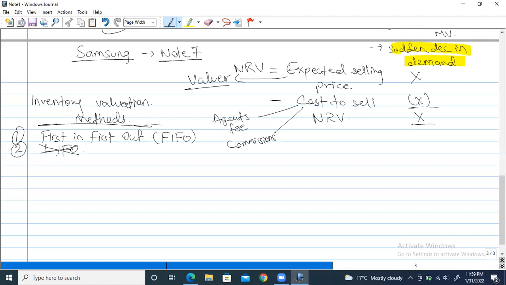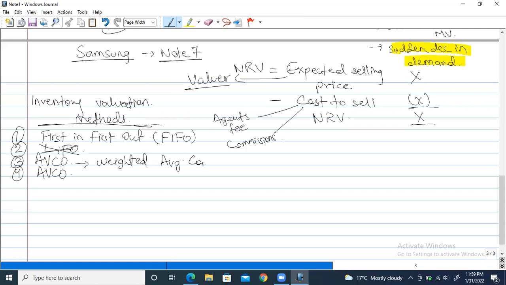In financial accounting. But yes, you might have studied this in F2 as well. In F2, in managerial accounting, this is available. Now the third and fourth methods relate to the same thing. It is called the average cost method. I'm calling it AVCO over here. The difference between third and fourth is that the third is called weighted average.